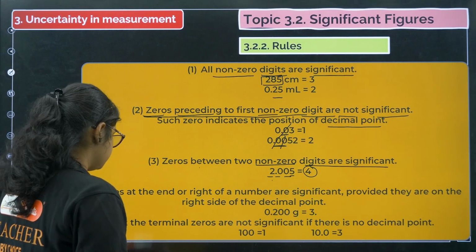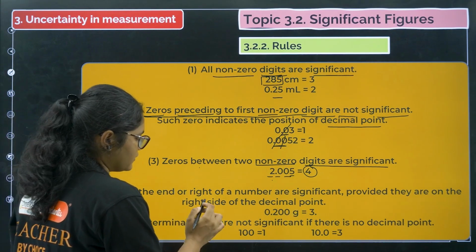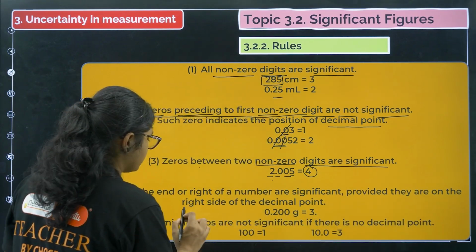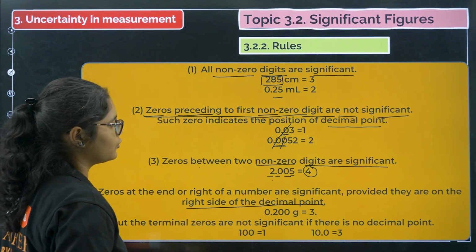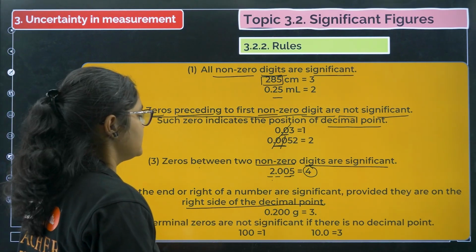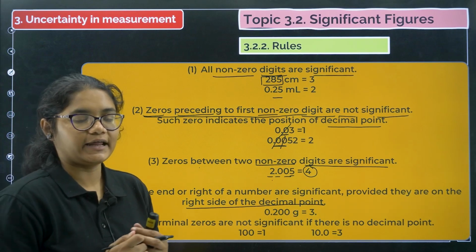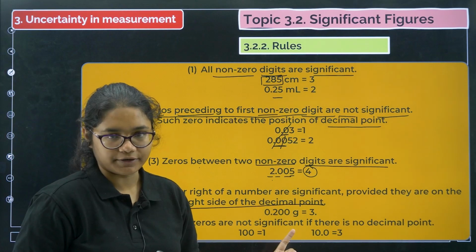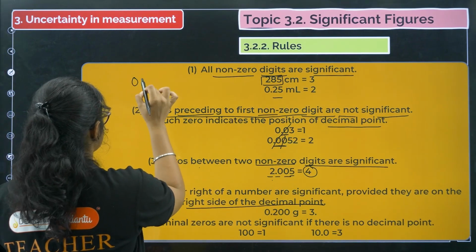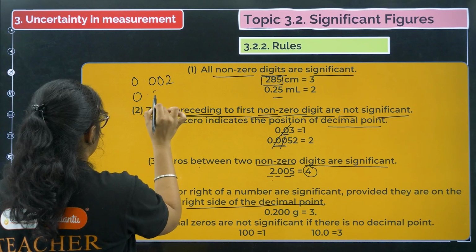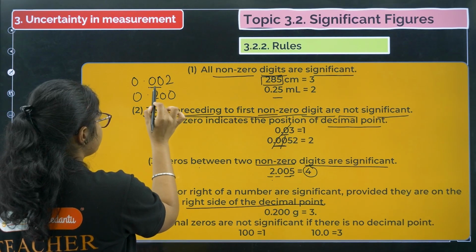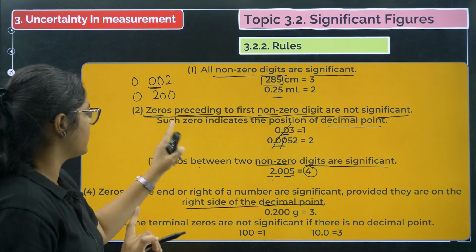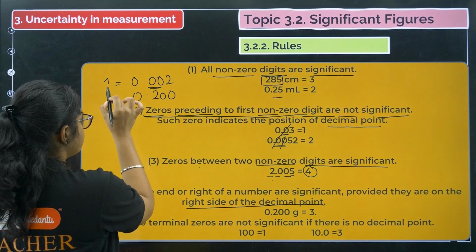Next, rule number 4 says zeros at the end or right of a number are significant provided they are on the right side of the decimal point. So it is saying that if there is a number where the 0 lies after the decimal point, like this, suppose I write it. Here these 2 zeros are before the non-zero digit, so we will not count them according to rule number 2, and there is only one significant figure.